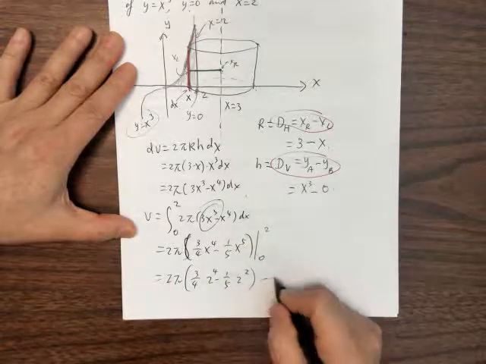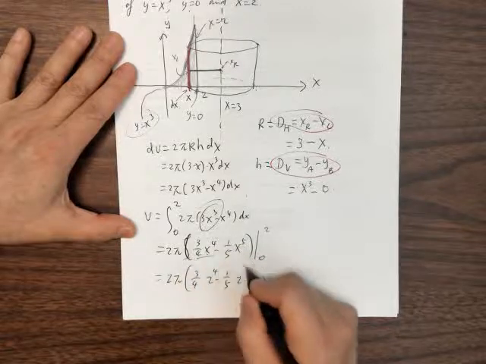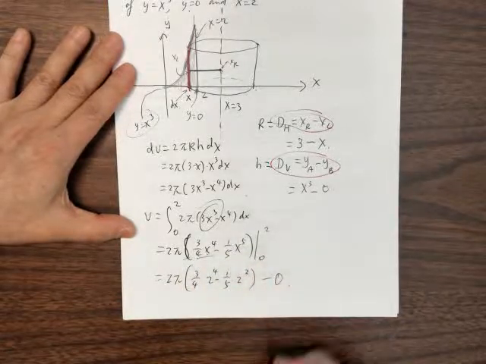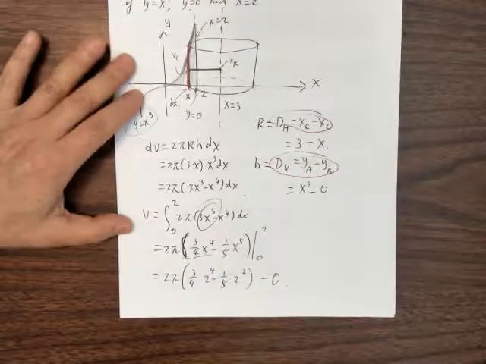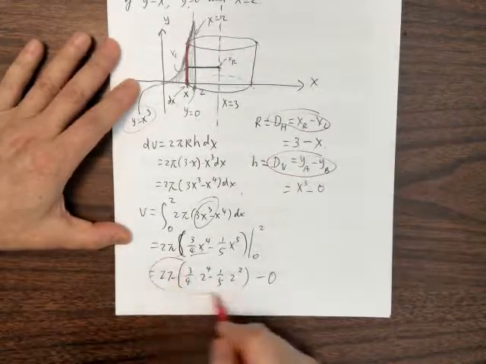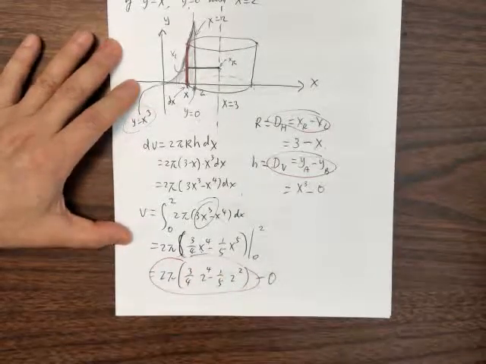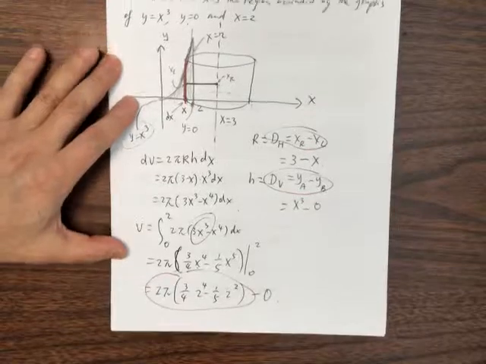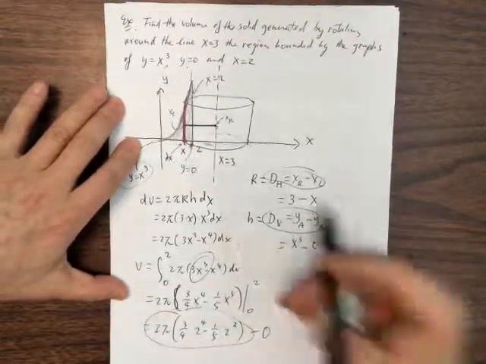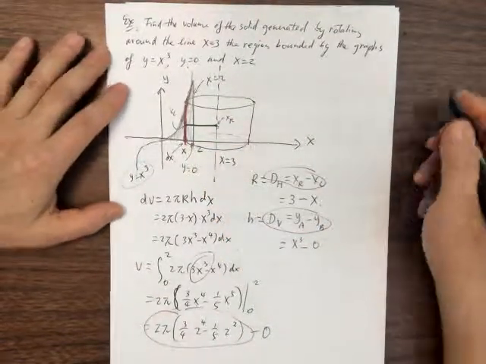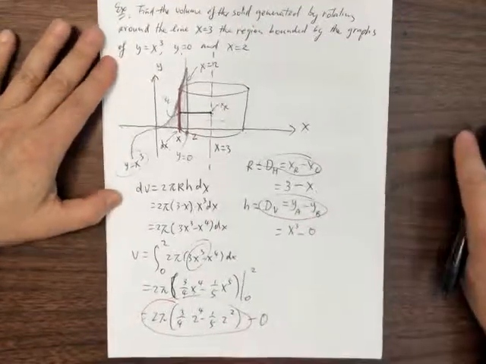Plug in 2 and plug in 0. This is 0, so the second term is entirely 0. Alright, so this is the final answer, the volume of the solid of revolution. Okay.